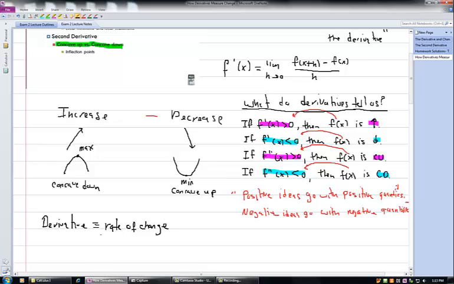So if the first derivative is positive, if this derivative here, and circle it here, if this derivative is positive, that means the rate of change is positive. So of course the function's going up. If the rate of change is positive, it can only go up. And when I say rate of change, it's like I'm making, let's say, $200 per year.